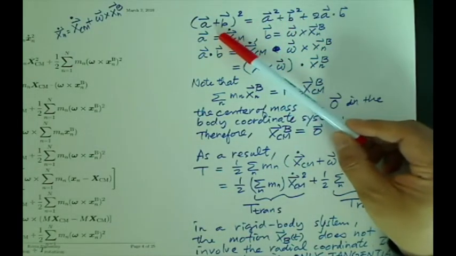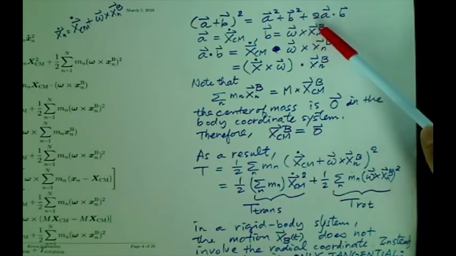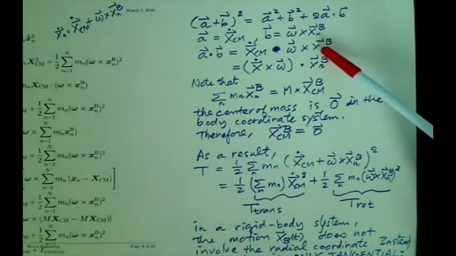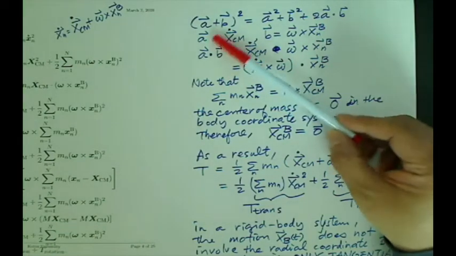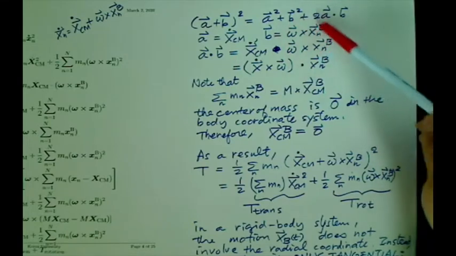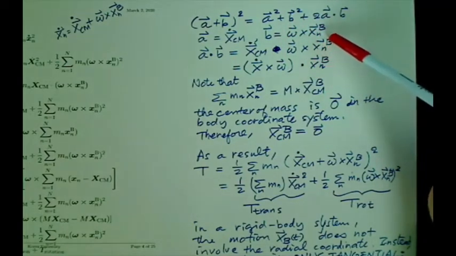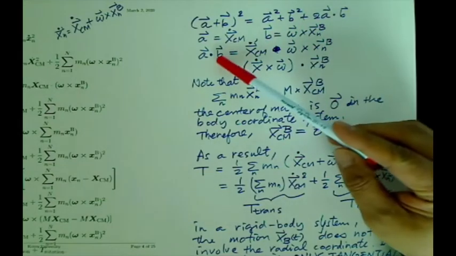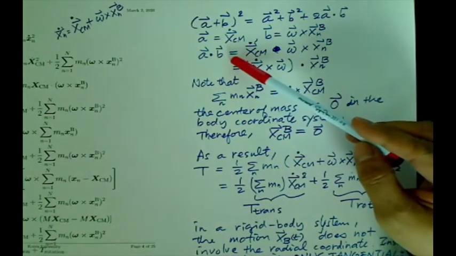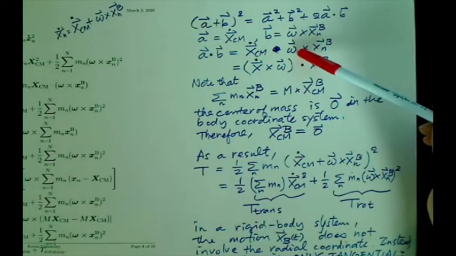The square of the sum of two vectors is A squared plus B squared plus 2 times the scalar product. Substitute the velocity of the center of mass, and the tangential velocity due to the rotation of the nth particle of the rigid body. We consider A dot B, the scalar product between these two.